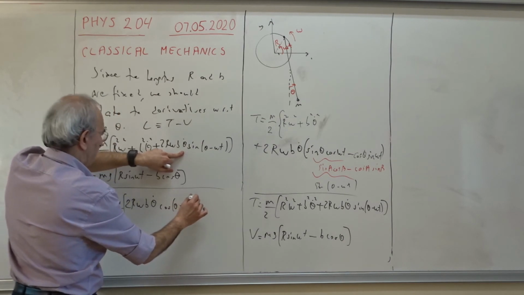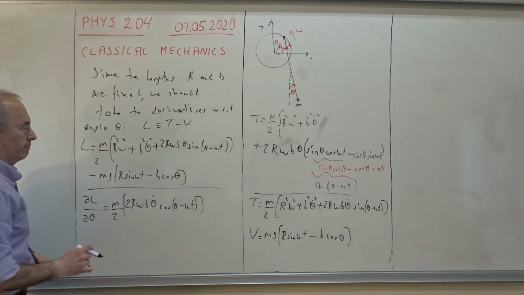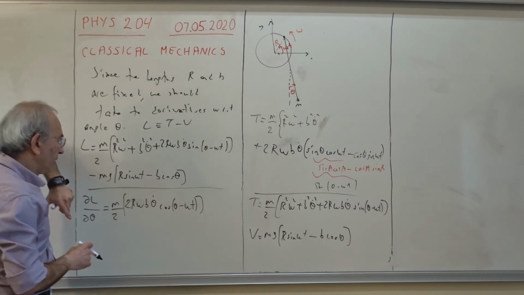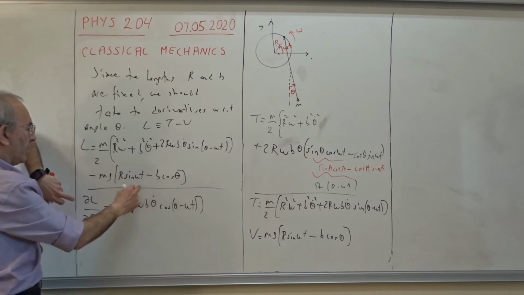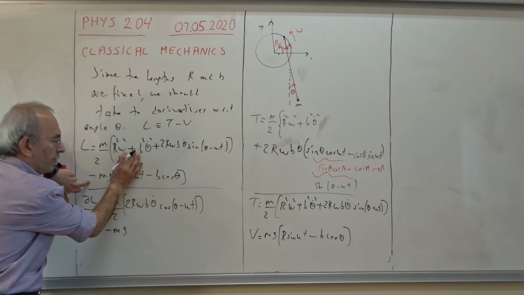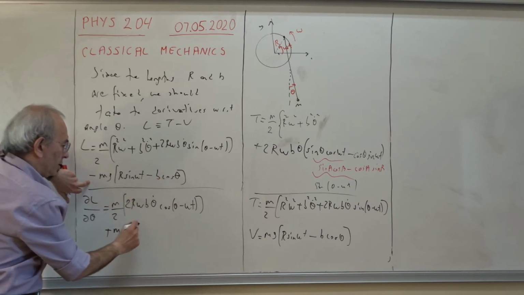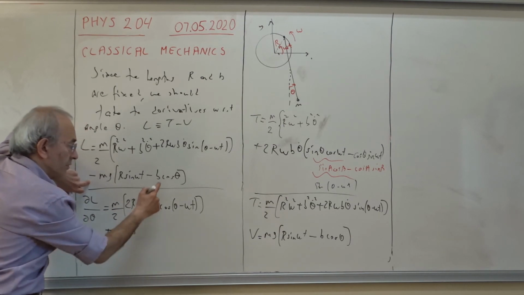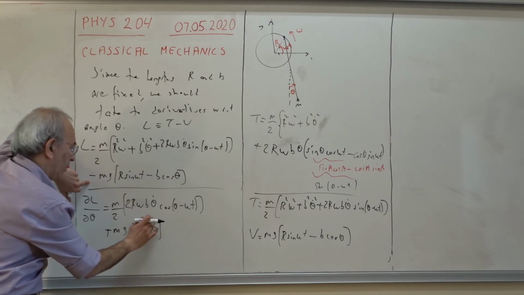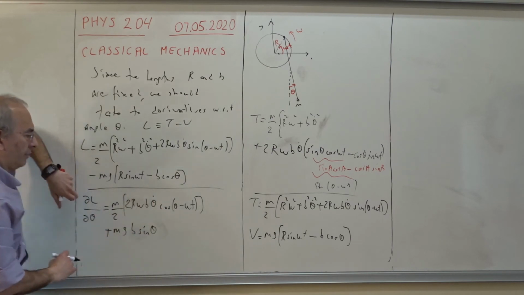That's it. But there is one more appearance of theta, so we continue with the minus sign, minus mg, there is nothing here, but it becomes plus mgb, cos theta becomes sine theta. That's all. So we have two terms, upper line and lower line.